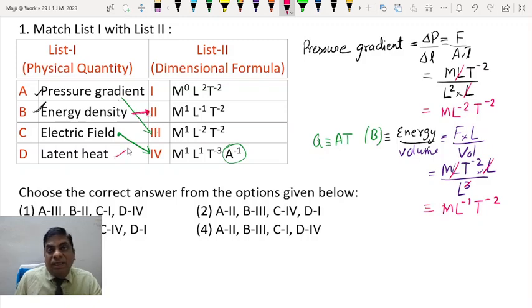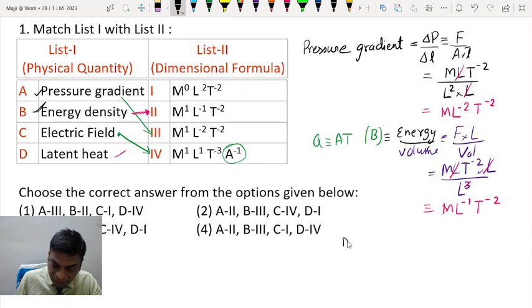Latent heat is basically energy. Heat is after all a kind of energy, and for energy you know it is force into displacement. Now latent heat, basically what it means is specific latent heat. And specific latent heat is actually heat required to bring about a change in state per unit mass.